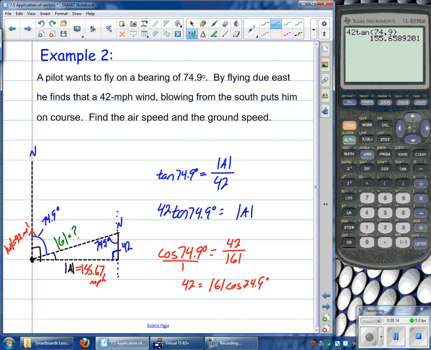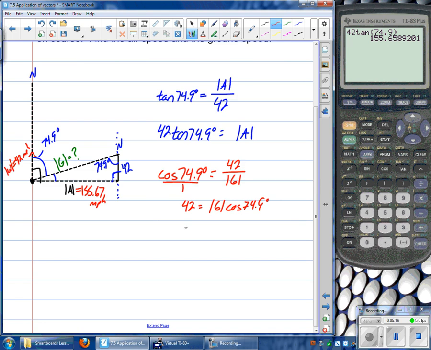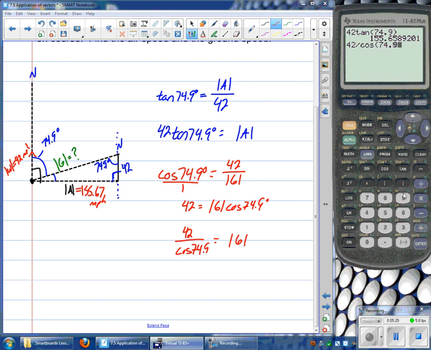Simplify that by dividing both sides by cosine, and we get 42 over the cosine of 74.9 equals magnitude of G. Plugging that in, take 42, divide by cosine 74.9, hit enter. There's the magnitude of our ground speed vector: 161.23 miles per hour. And there we go.